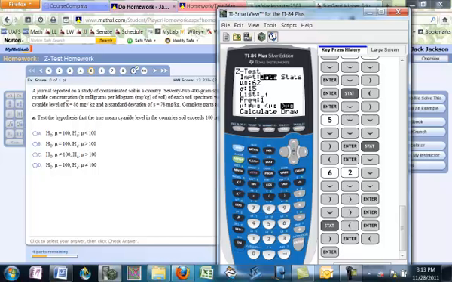But again, you still have to put in mu naught. That's the hypothesized mean from the null hypothesis, and sigma is the population standard deviation, which is assumed to be known in the z-test.